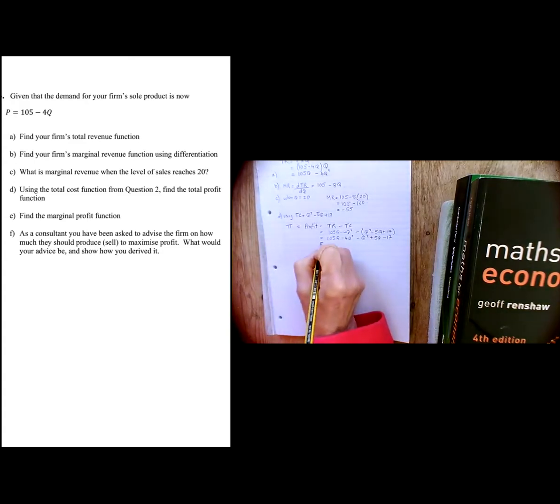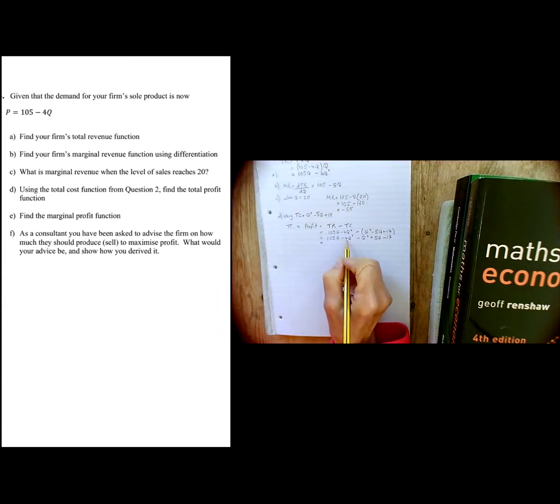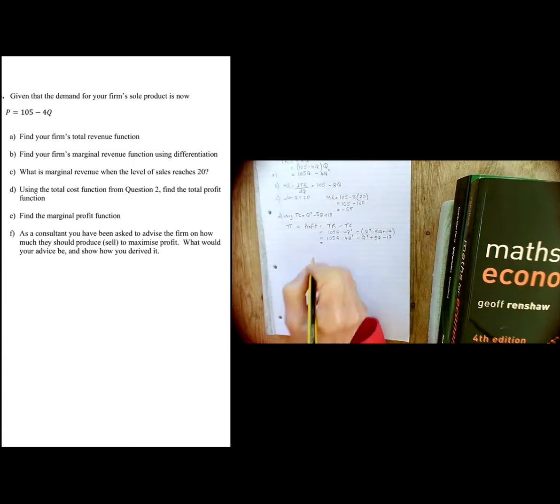All right, now we collect like terms. Remember that expression from school? So we're going to put the q squares together, and look, there's minus 4 lots of q squared, minus 1 lot of q squared. So all in all, we've got minus 5 lots of q squared. And now we look at the q's.